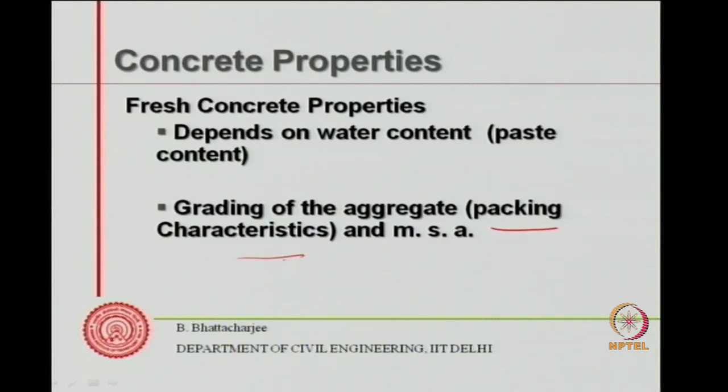So, sorry, it is the volume fraction of the solid material in unit volume of the bulk material. So 1 minus packing density gives me the void content in the aggregate system. So this void content should be minimum. That means I should have best packing.